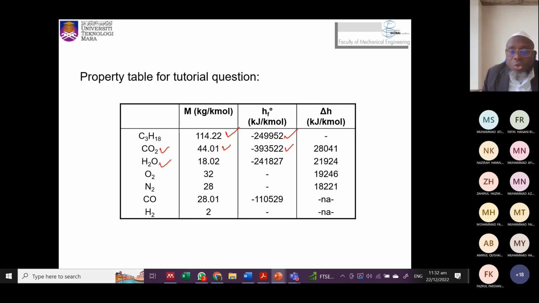And then water also, the molecular mass is this, and enthalpy of formation is this. You see that here, the molecular mass for oxygen is this, but the enthalpy of formation is 0. This also 0. Why? Because they exist in their original states at this state. Hydrogen is also the same. Okay, and this is their change in enthalpy.